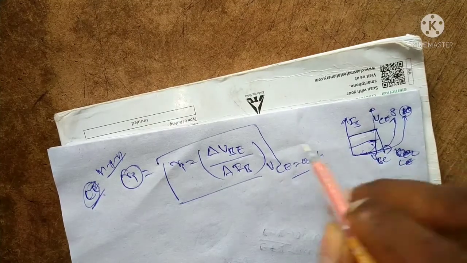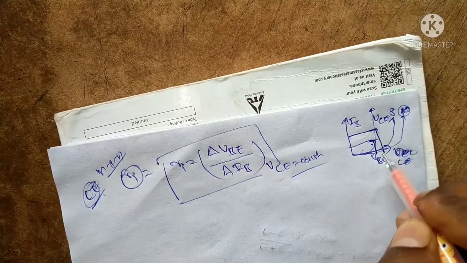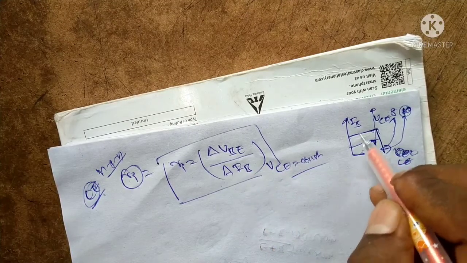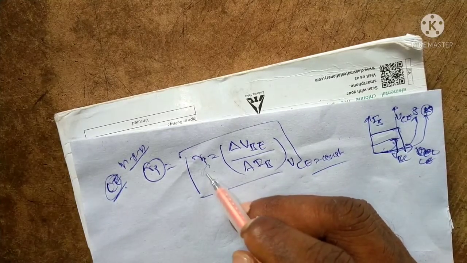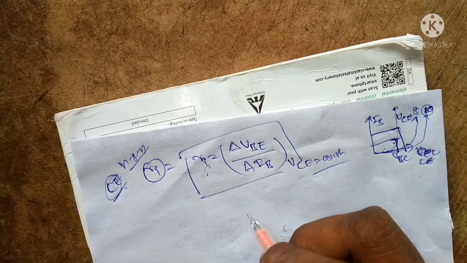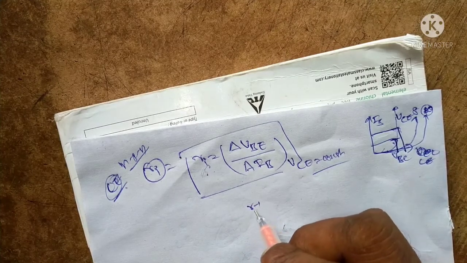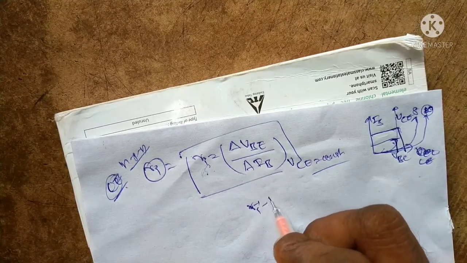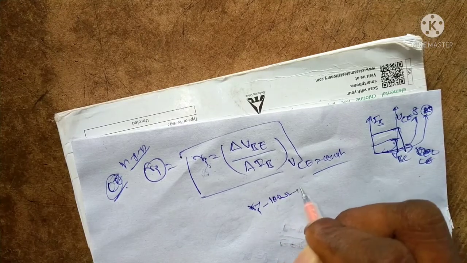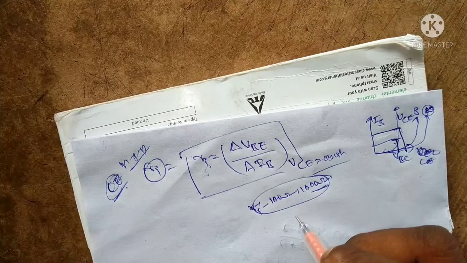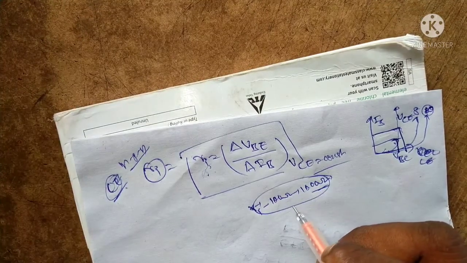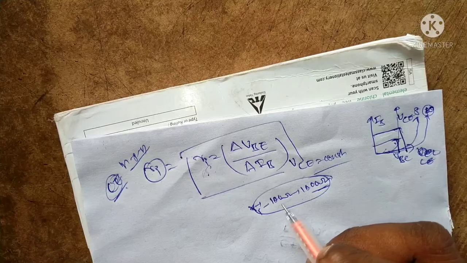The change in VBE over the change in IB gives the input resistance. The input resistance RI ranges from 100 ohms to 1000 ohms. This is the input resistance of the CE configuration in transistors.